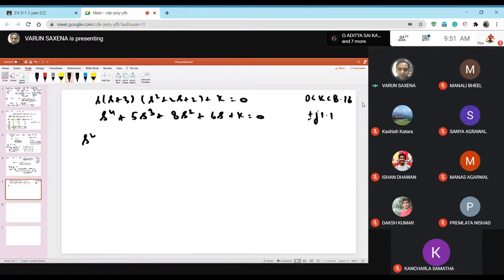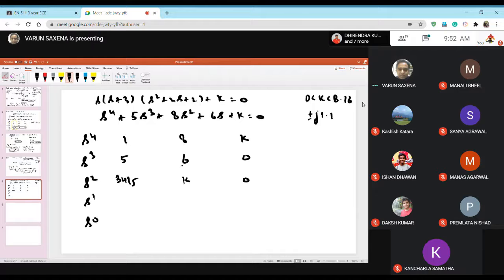And then if we make the Routh-Hurwitz table, this is 1, this is 8, this is k, this is 5, this is 6, and this is 0. So this becomes 40 minus 6 divided by 5, so this is 34 by 5. 5 into k minus 0 divided by 5 is k. So this is 0. This becomes 34 by 5 into 6 divided by 5 minus 5k.